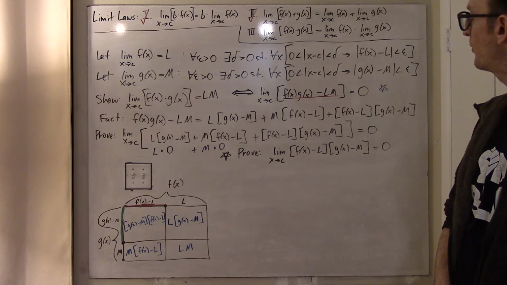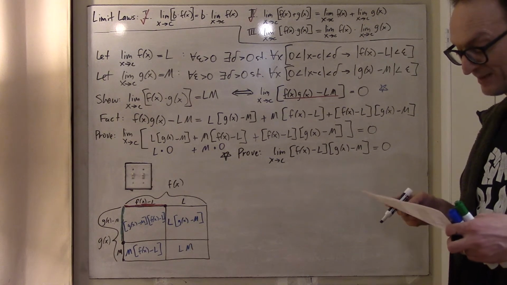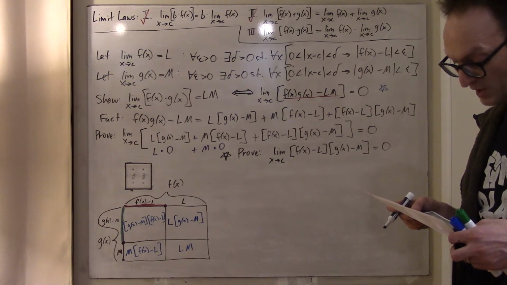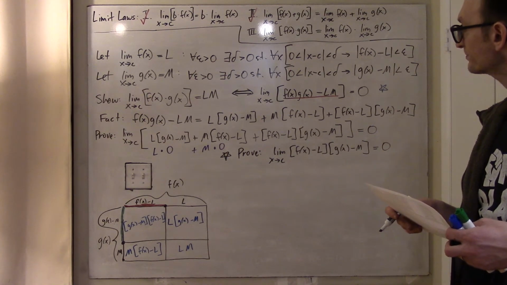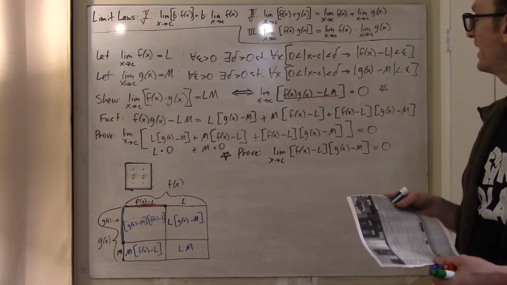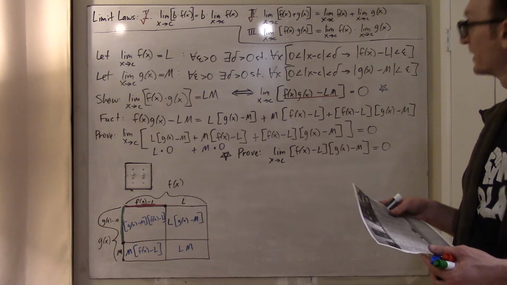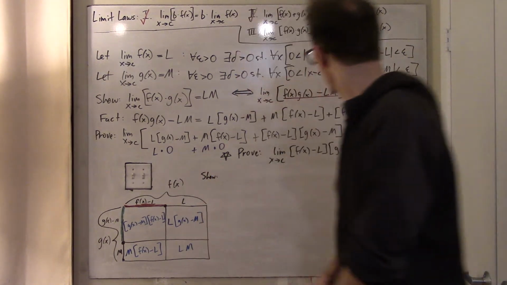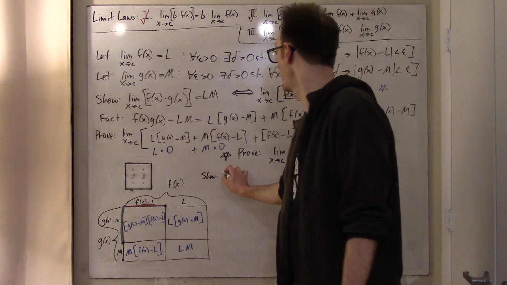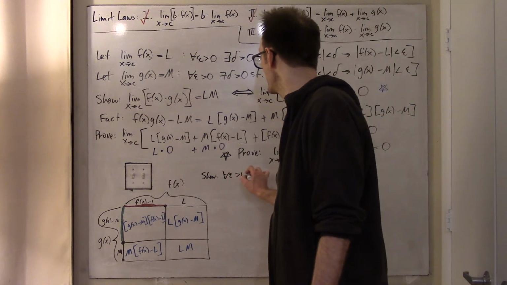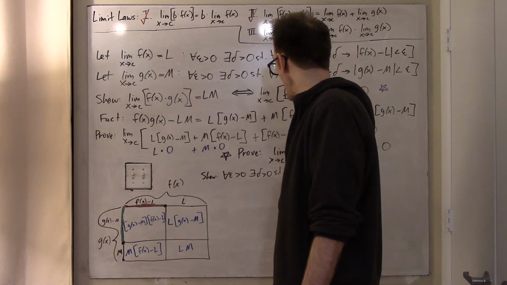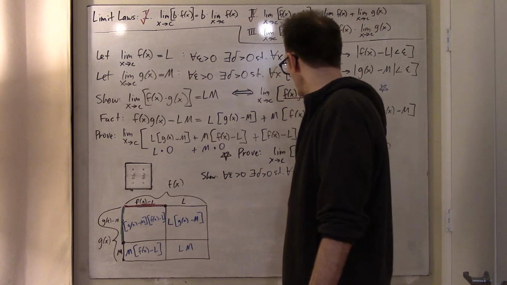How can I show that this limit is 0? Well, what's going to happen? I'm going to get challenged with an epsilon. So what I need to show is that for all epsilon greater than 0, there exists a delta greater than 0, such that for all x, and now what's going to happen?